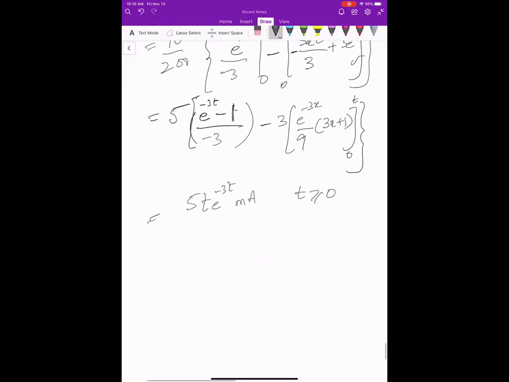And then you have 0 for t less than 0. Then you can find the current and power by multiplying these two values, which is 5t e^(-3t), which is the current, into 1 minus 3t e^(-3t).